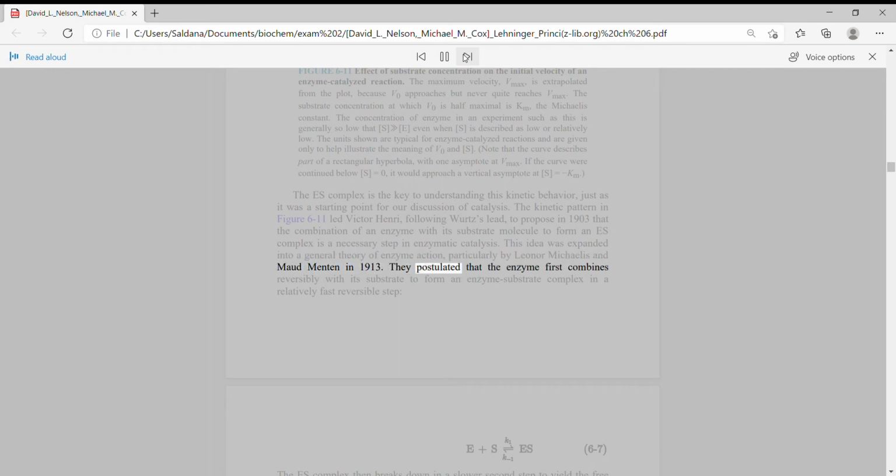They postulated that the enzyme first combines reversibly with its substrate to form an enzyme-substrate complex in a relatively fast reversible step. The ES complex then breaks down in a slower second step to yield the free enzyme and the reaction product P. Because the slower second reaction, Eq. 6-8, must limit the rate of the overall reaction, the overall rate must be proportional to the concentration of the species that reacts in the second step, that is, ES.